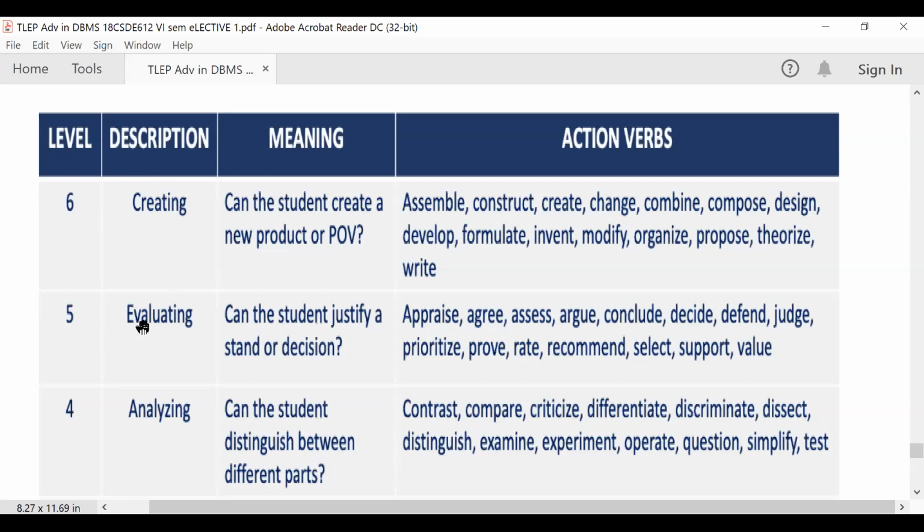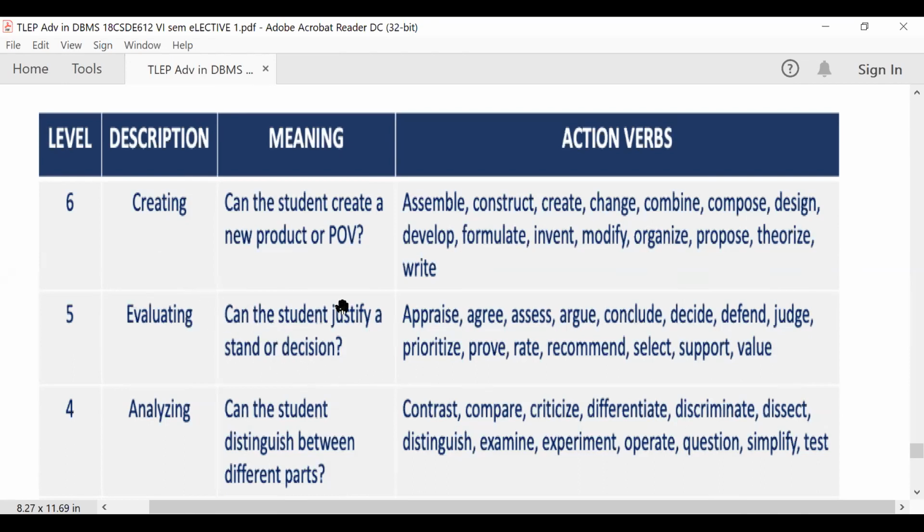And level 5 is the evaluation level. What is the meaning behind that? The students can justify a stand or decision. So they can evaluate what is existing, what is proposed, what is the difference, how it can be modified in future, how it can be improved. Like that, they have to evaluate, or they have to examine the content.